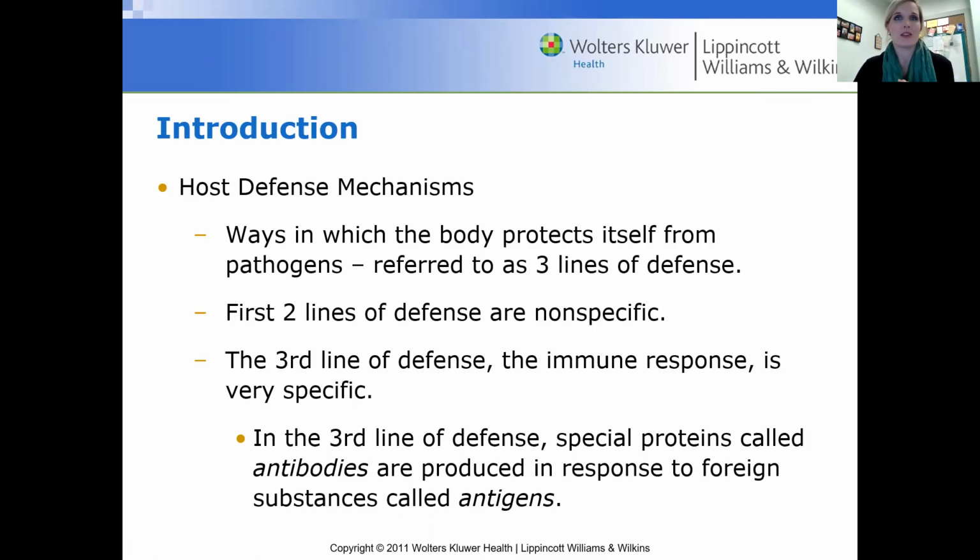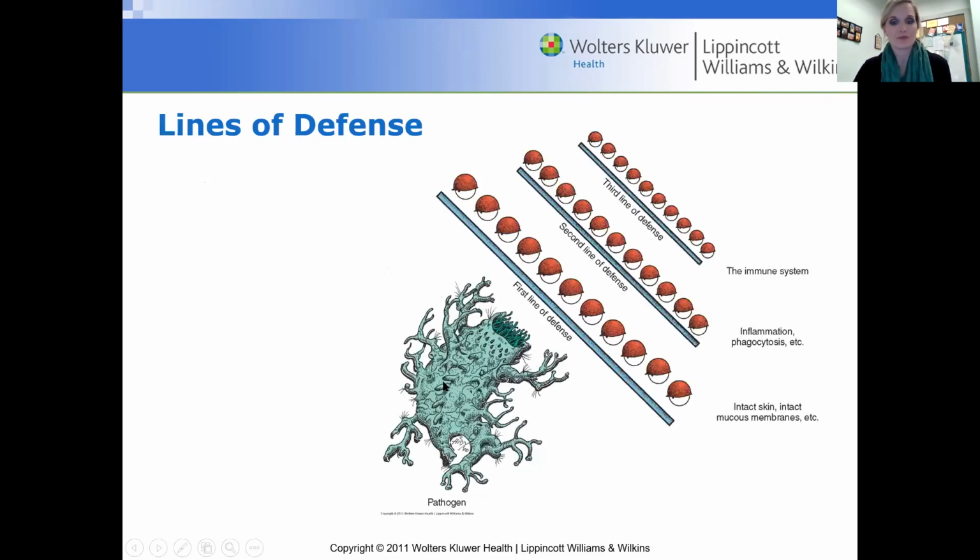That could even be dust and debris and things of that nature. But specifically, yes, pathogen. So that's kind of a synonym to pathogen, meaning an infectious agent that gets into our body. We create antibodies in response to those, and we create antibodies that are very specific to those types of antigens. So we'll look at that in chapter 16.